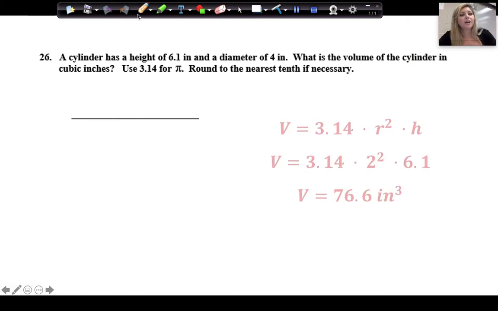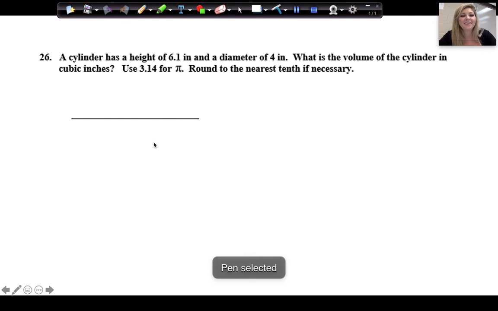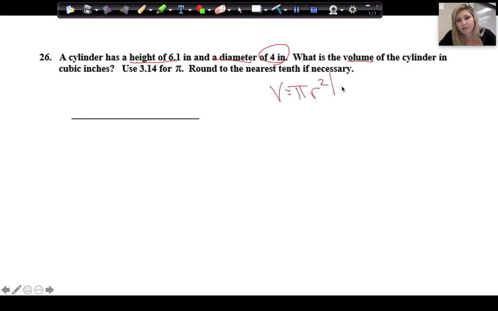Okay, a cylinder has a height of 6 and 1 tenth and a diameter of 4 inches. Okay, what is the volume? Okay, volume of a cylinder is pi times radius squared times the height. So we know pi is 3.14.